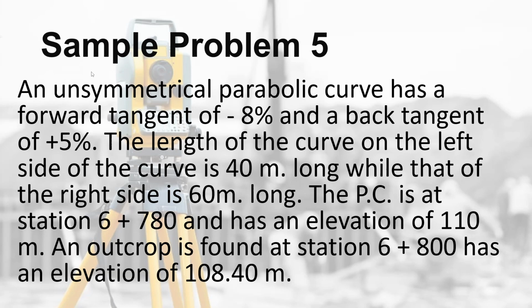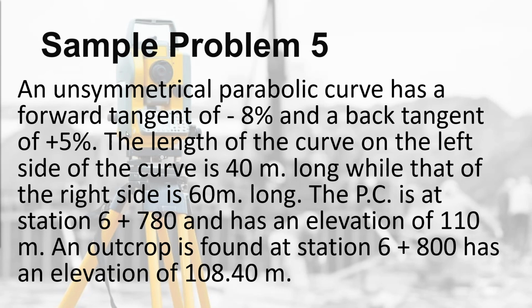So, yung topics natin from simple, compound, reverse, spiral pa pala. Siguro hindi ko na idadagdag yung spiral. Huwag na natin idagdag yung spiral, medyo komplikado kasi siya. Hindi natin sasama si spiral. Introduction to route surveying lang naman ito, so doon na tayo sa mga basic lang.